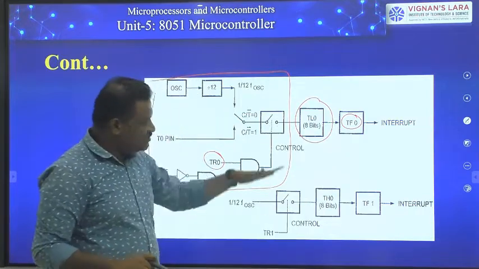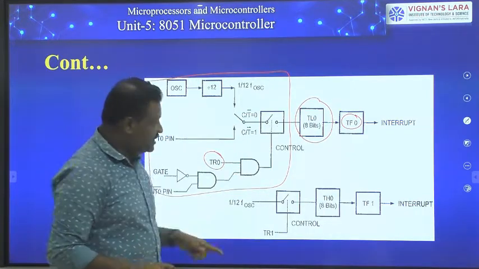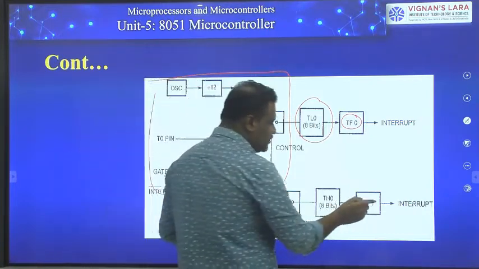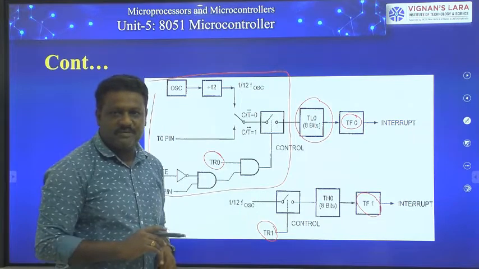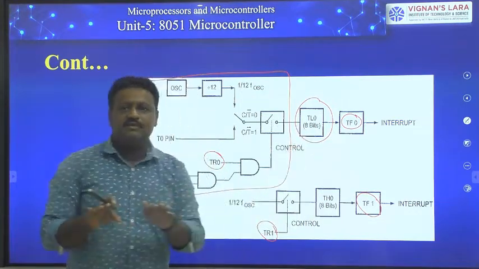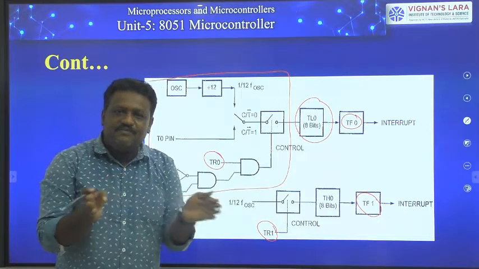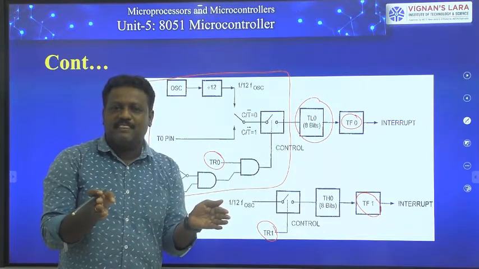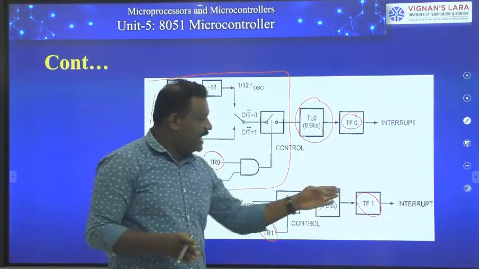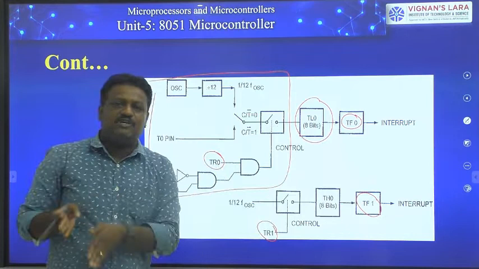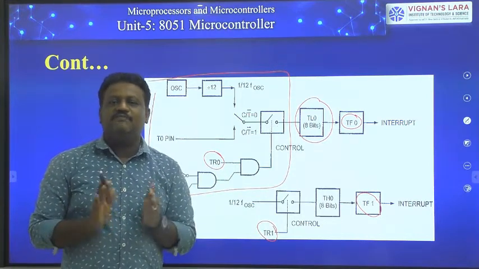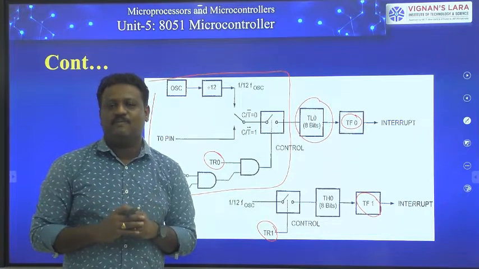Again it receives the clock pulses, but here it will use the timer 1 run bit and timer 1 overflow flag for its operation, so that TH0 and TL0 operate in parallel for doing two different operations simultaneously. But there is no run bit and overflow flag available for timer 1 operation, so in mode 3 timer 1 is inoperative.